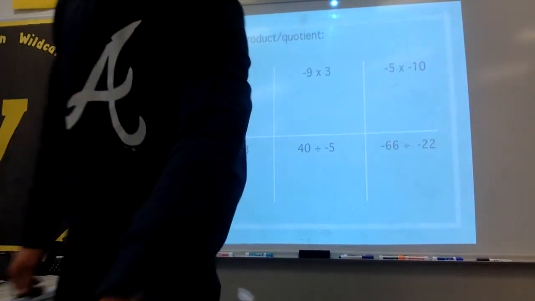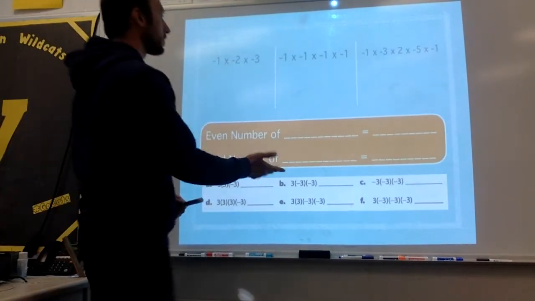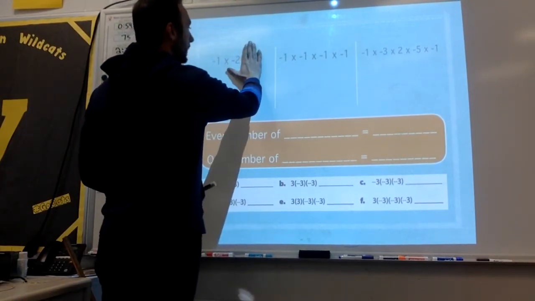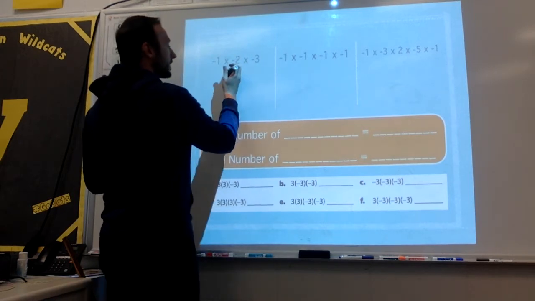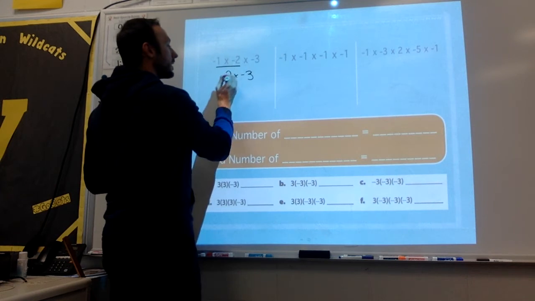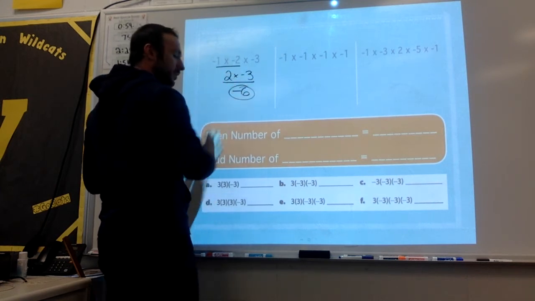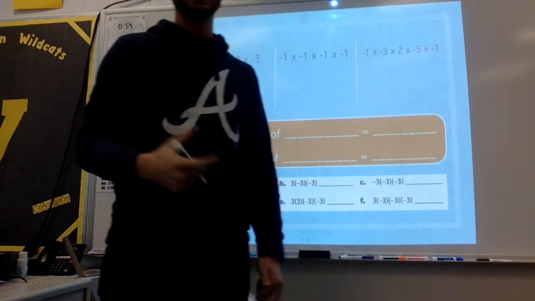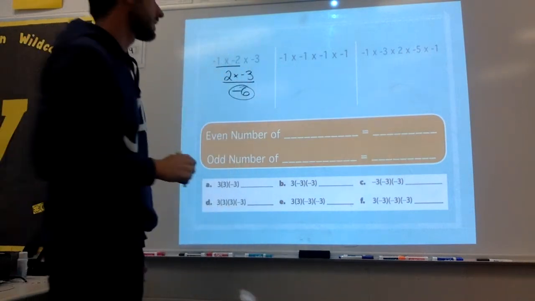So if we're using that rule, let's multiply two integers. -1 times -2 is a positive 2, but times a -3 would be a -6. So that rule of same signs positive, different signs negative is only true when we multiply two integers together.